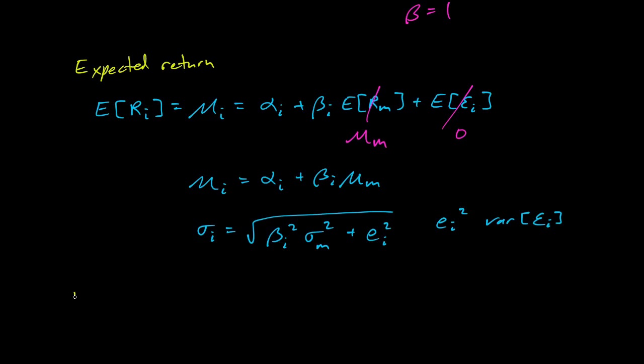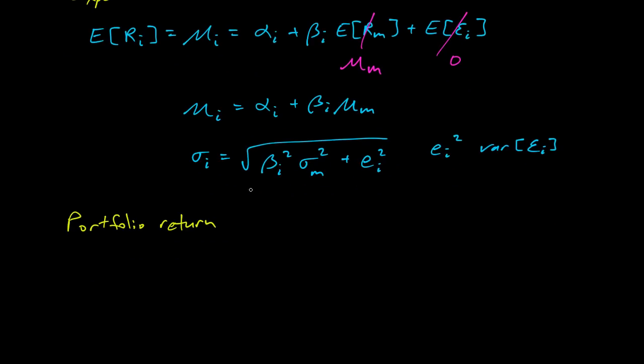Now, what about if we have a portfolio? So now we have a portfolio pi, and we want to get the return on pi. What's that going to be? We're going to have some weights for every asset, so it'll be the sum from i from 1 to n of Wi Ri.